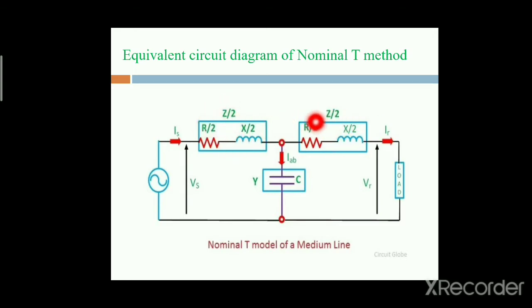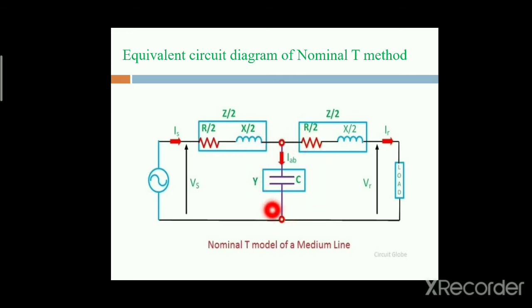At the middle of these impedances, we connect the capacitance C. This is the Z by 2 and this is the Z by 2. Observing this shape, it is a T shape. By observing these parameters, it is just like a T, so it is called the nominal T method or middle condenser method.